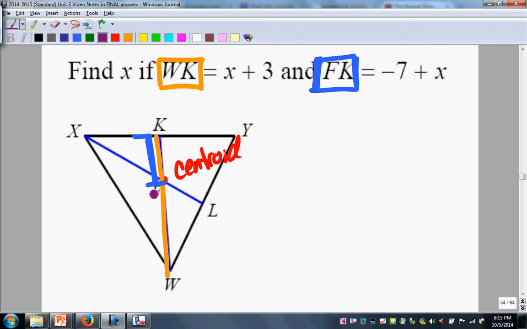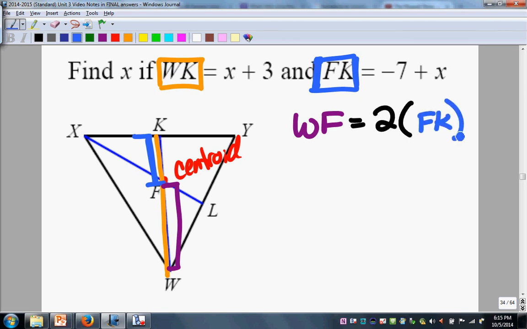We know that this segment here, the purple, which is WF, is twice as big. So we actually have two relationships here. We have to get WF equals 2 of F to K. You need to write that down first. That's the purple. WF equals 2 of FK. That's one thing equation. That's true.